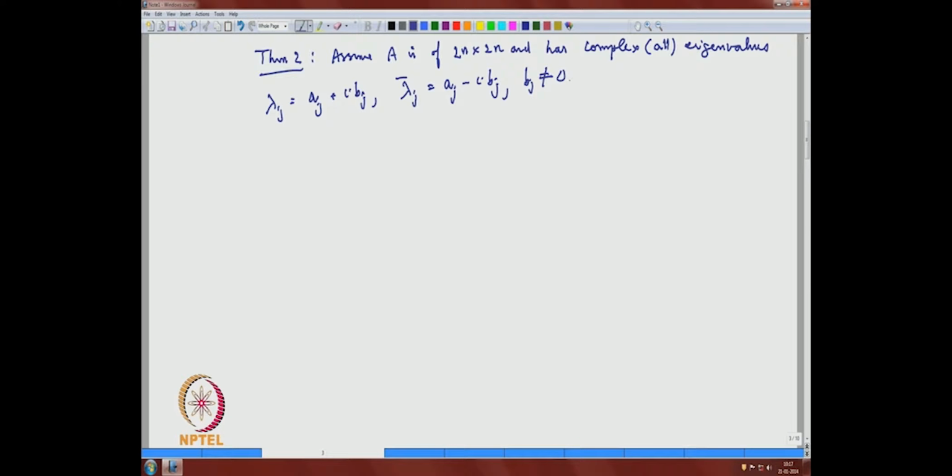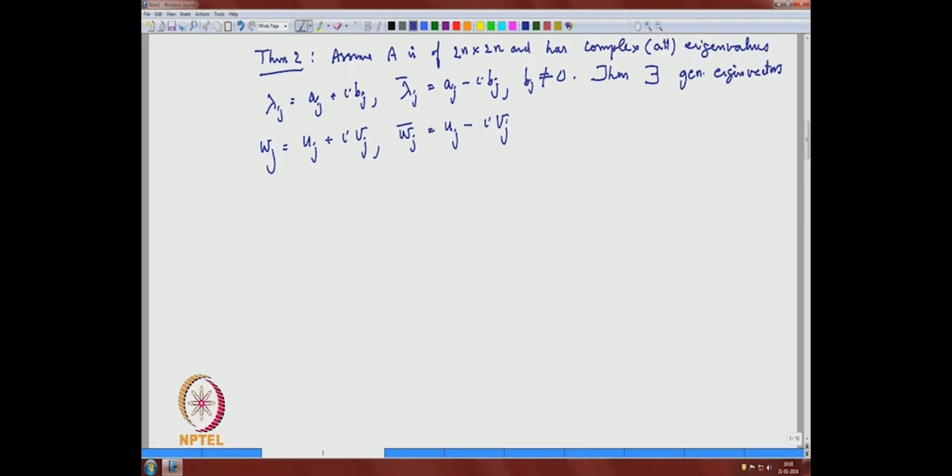Then there exist generalized eigenvectors, complex vectors, Wj equal to Uj plus i Vj, and Wj bar equal to Uj minus i Vj.